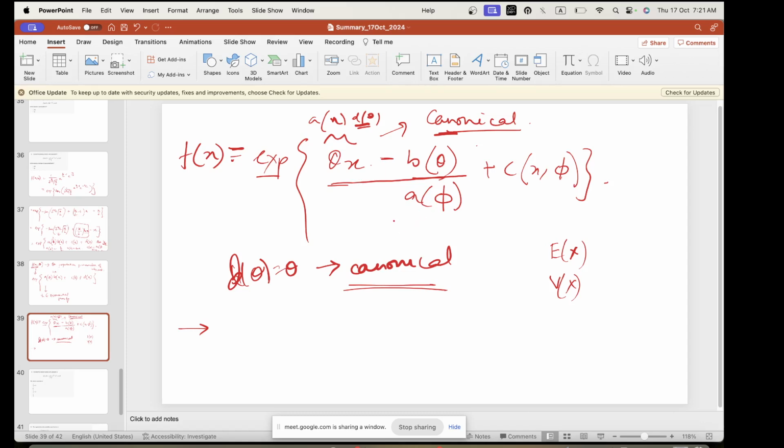But since I'm not so sure about this, I would ask you to pick any distribution in its canonical form, apply this formula, and then apply whatever the expectation and variance of it is. And if we know that that is the thing, then we can very well go ahead and do this.